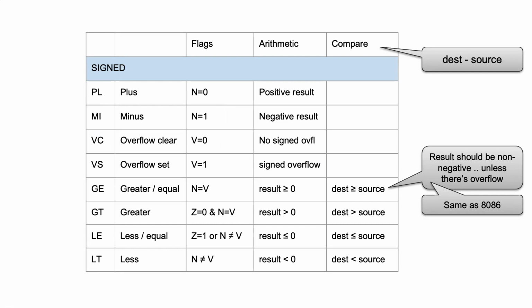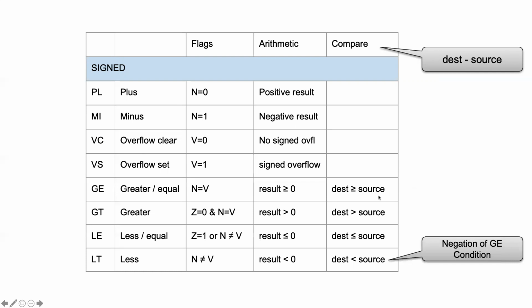If you subtract source from dest and dest is bigger than or equal to source, then the result better be positive unless you got overflow. And that's just like Intel, that's exactly what this says. If the result is positive and there was no overflow, then dest was bigger than source. Or if you got overflow, then the result's going to be negative. So as long as those match, then dest was bigger than source.